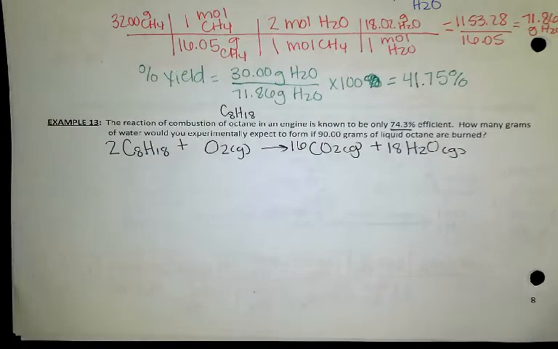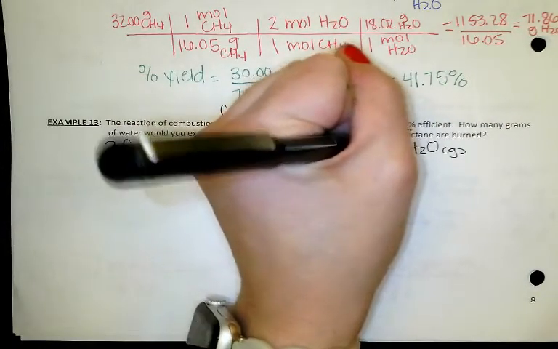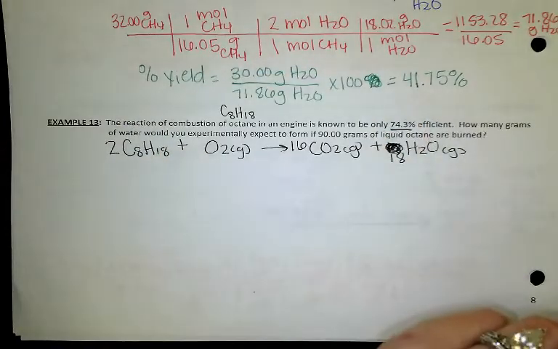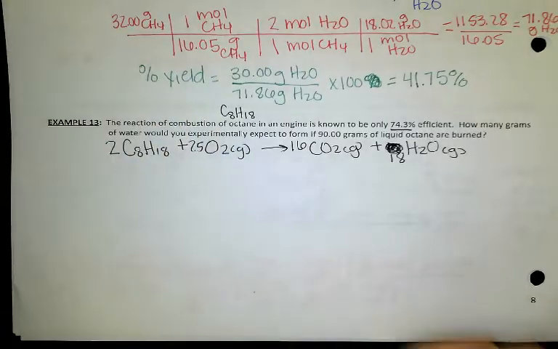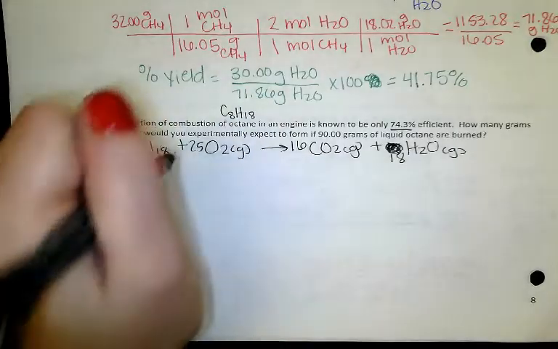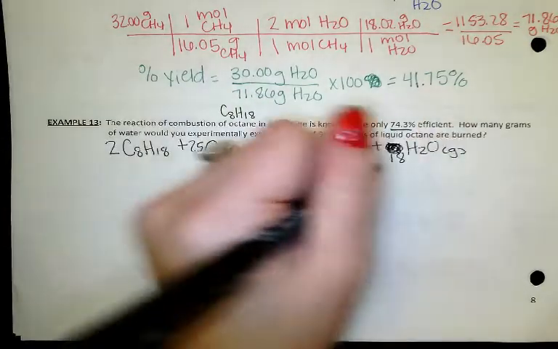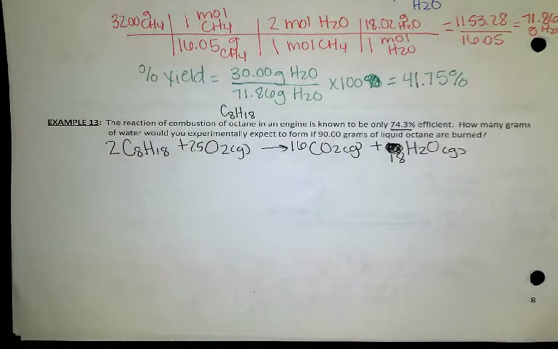Oh wait, sorry, hold on. 18 times 2 gives me 36 here, right? No, that's 18. Wow. Okay. Then 25 here. Is that right? 2, 25, 16, 18, 16, 36, 50, 16 times 2, plus 18. Yeah, okay.